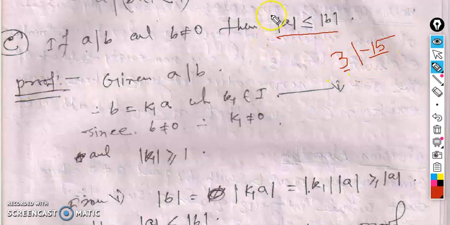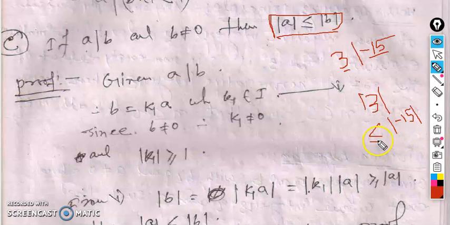But with the result that the mod value of A is less than or equal to the mod value of B, the mod value of 3 is less than or equal to the mod value of 15.